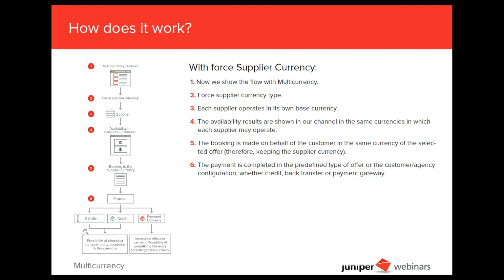And this opens the room to maybe make some configurations if they pay in some specific currencies. Maybe they want to pay in another bank account, etc. But if they pay via payment gateway, the effective payment is immediate. So they need to have a previous configuration if there is any rule in case they pay with another currency, or they just pay.